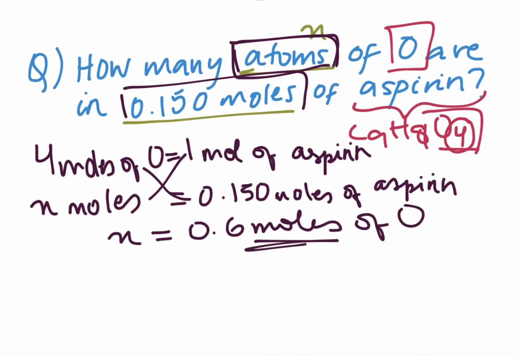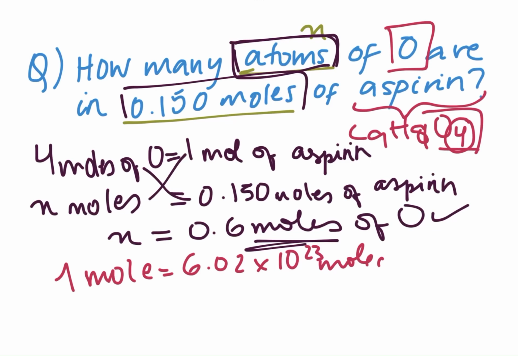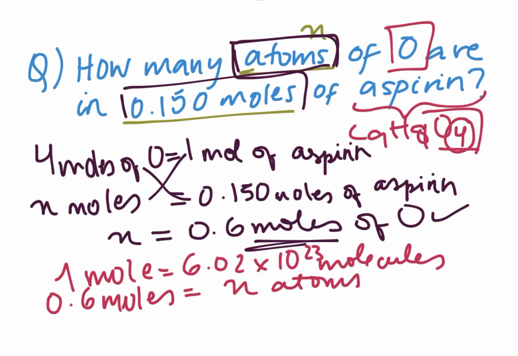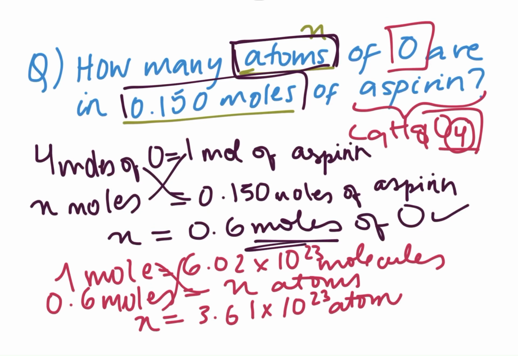Now you have moles, so you write the conversion factor: 1 mole is equal to 6.02 multiplied by 10 to the power of 23 molecules. You write 0.6 moles, and you need to know how many atoms there are. By cross multiplying again, you get X as 3.61 multiplied by 10 to the power of 23 atoms of oxygen.